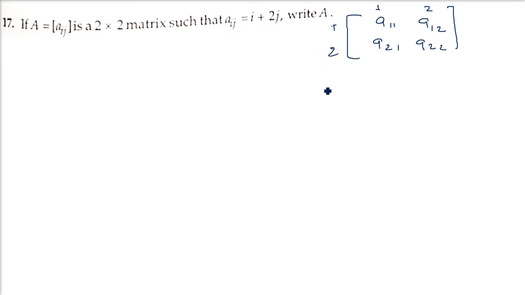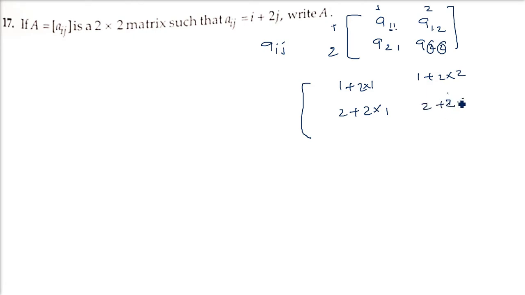So the internal element of the resultant will be i plus 2j. So Aij, I am writing the first number, 1 plus 2 into 1. Here 1 plus 2 into 2. Here we have 2 plus 2 into 1 and 2 plus 2 into 2.